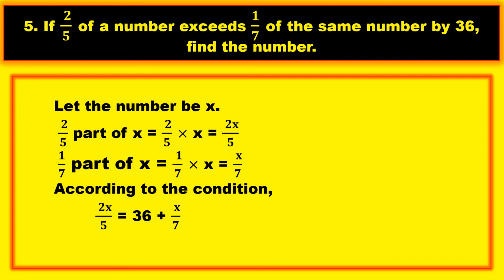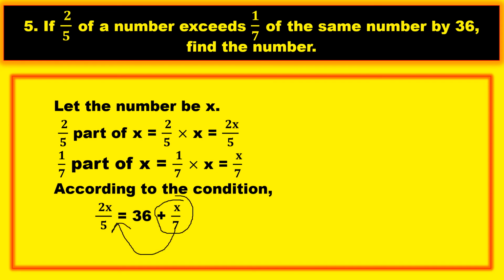Now we want the number. When we want the number, here we took the number as x, which means that x should be separated. Whenever we want a value, that thing should be separated. So whatever the x variables are there should be written on one side and the numerical terms should be written on one side. Here we have the x term, so we will send it to this side.